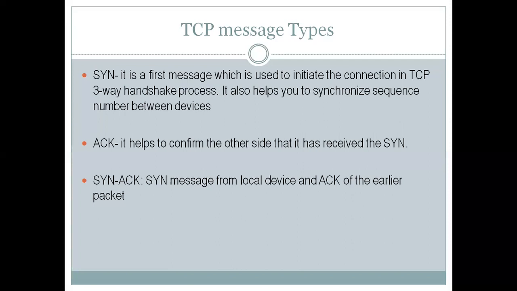In step 2, the server responds to the client request with the SYN-ACK signal set. ACK signifies the response to the segment that is received, and SYN signifies what sequence number it should be able to start with for the segments.